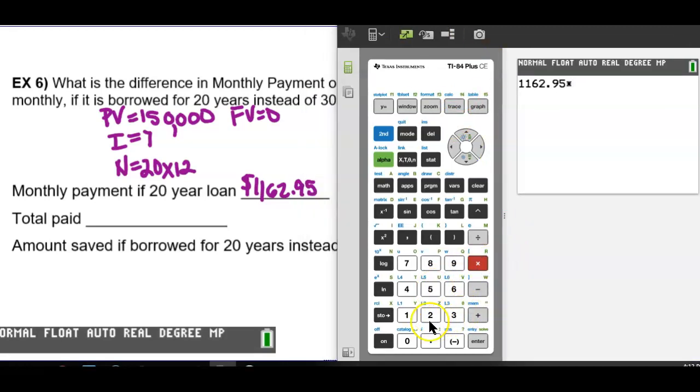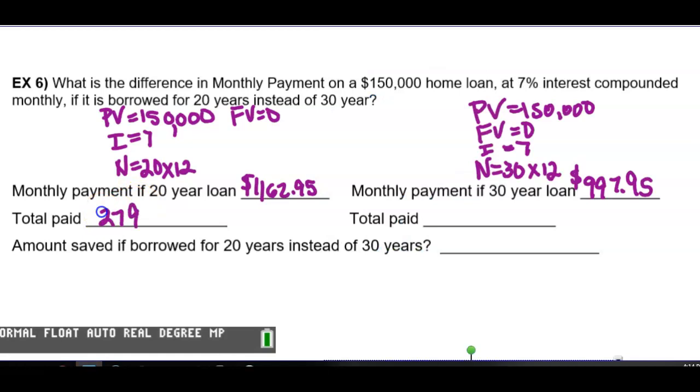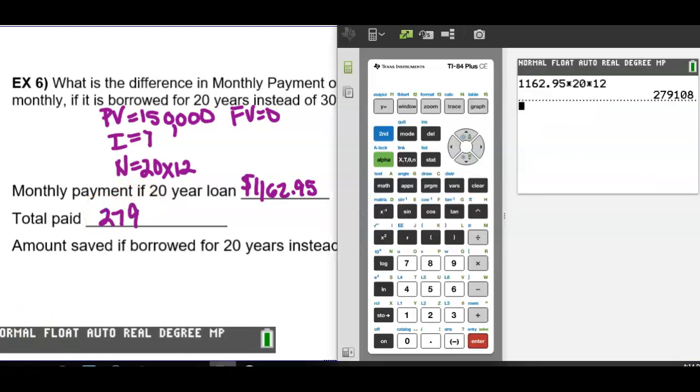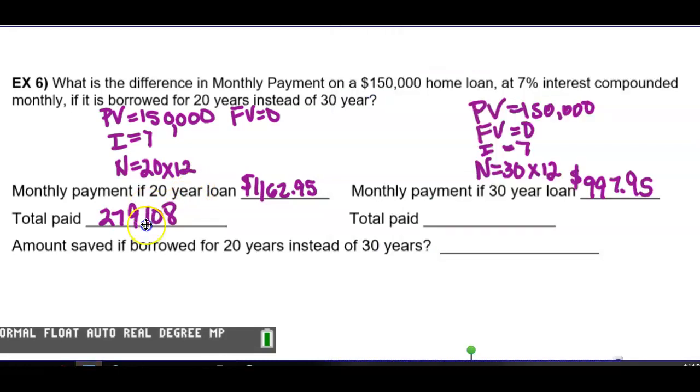Times 20 years of monthly payments, so 12, you paid $279,108 in total for your $150,000 house.